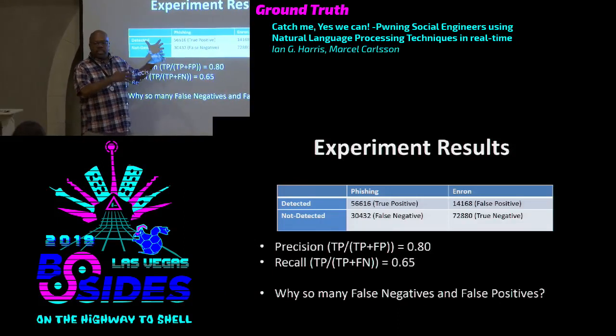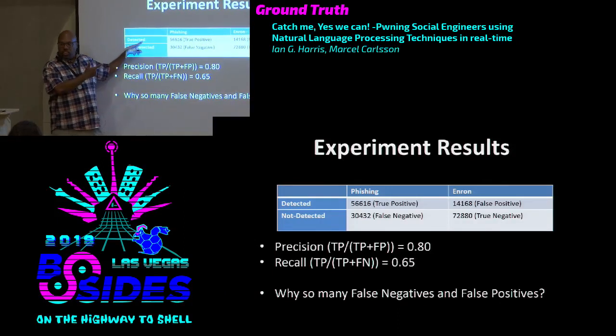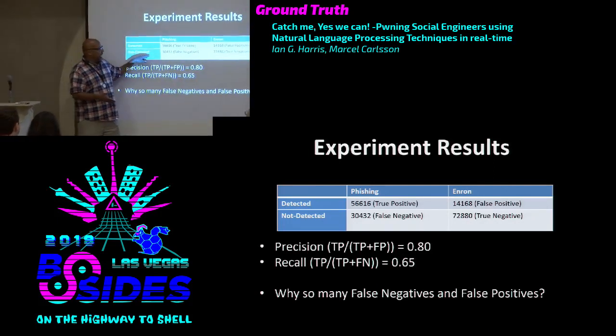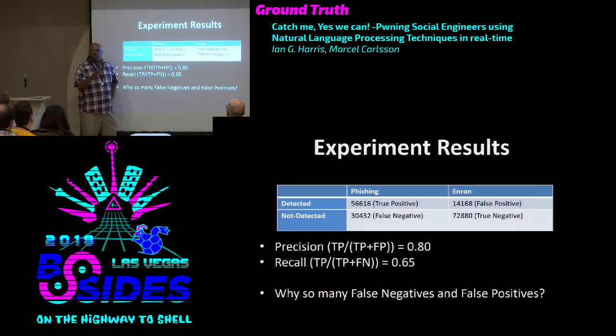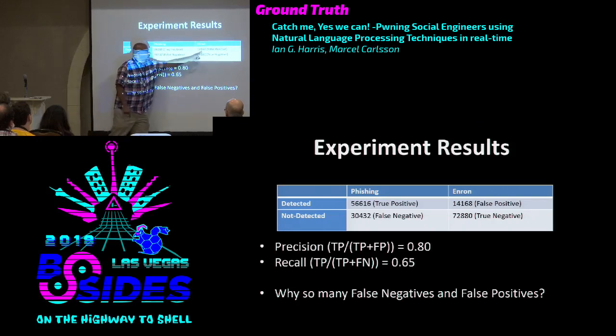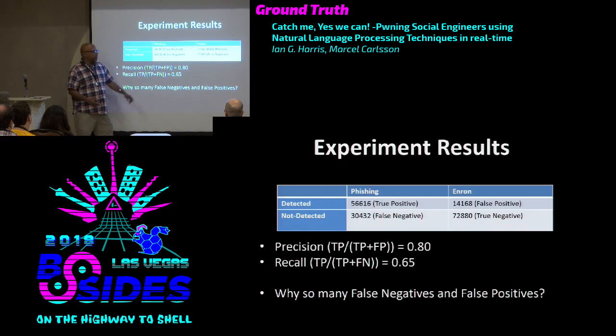And this is how many we classified as detected as phishing, or as malicious, or not detected, okay? And what we want is 87,000. So we had like 187,000 mails of each type. 100,000 we used to train, so 87,000, right, is what you get left. So we would like it if all the phishing were detected, so this is 87,000, and all the Enrons were not, so this is 87,000. So these are bad, right? And they're non-zero, okay? So I'm going to try to explain some of them.